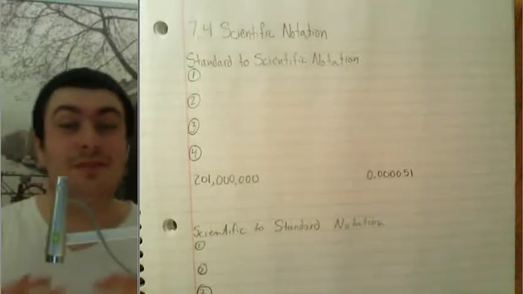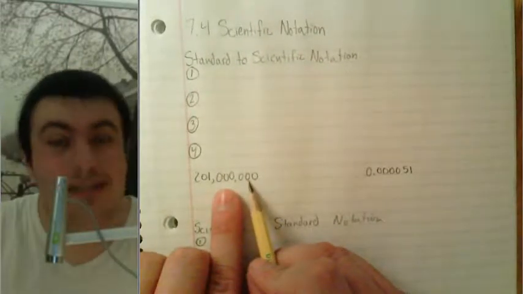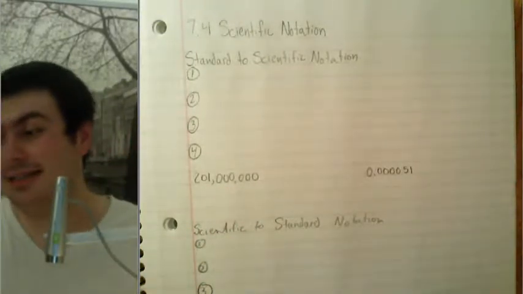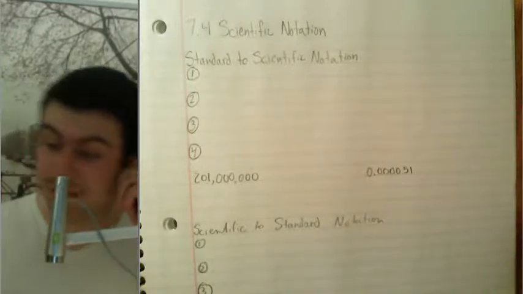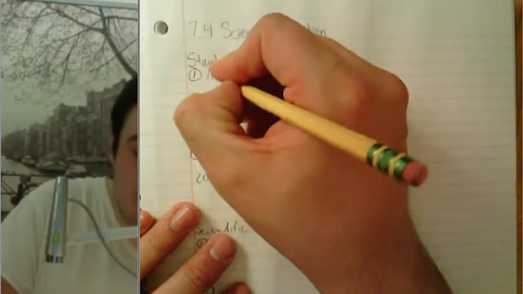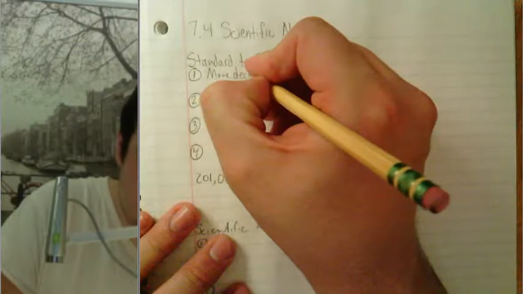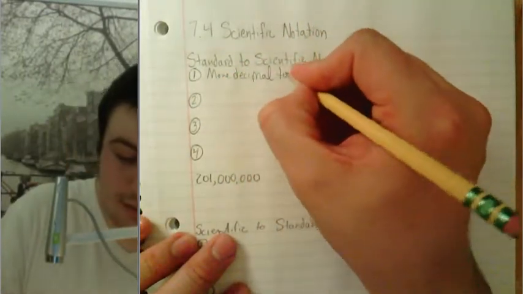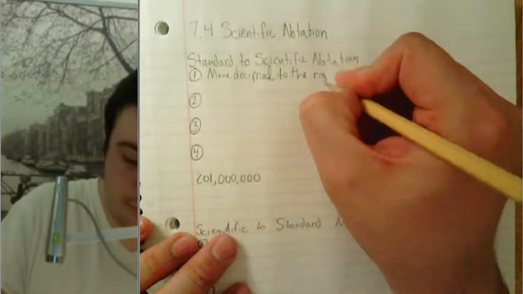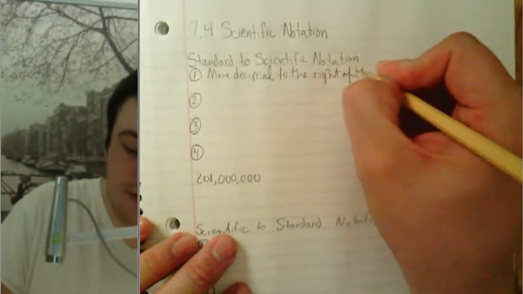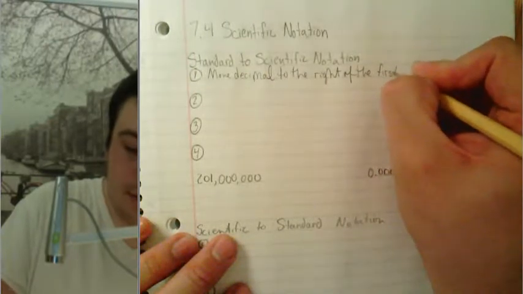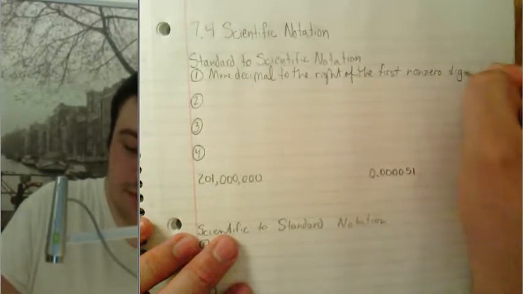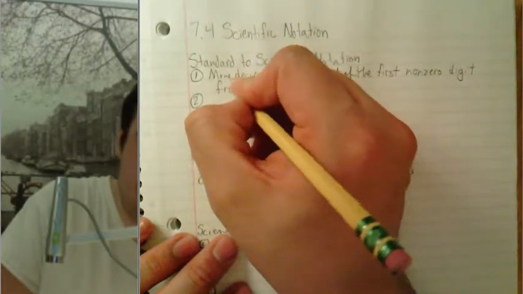So, when we're going from standard form, which a number like this is in, to scientific notation, there's four things we need to do. First, we need to move the decimal to the right of the first non-zero digit from left to right.